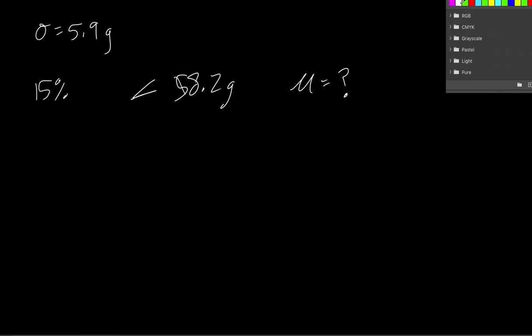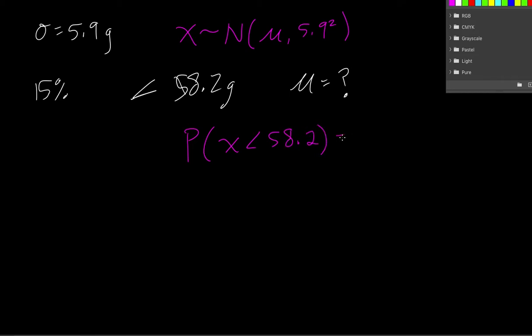Alright, so what we're going to do is take what we learned in the previous video. We're given that we have a normal distribution, we don't know the mean, but we do know our standard deviation is 5.9. And then we know our probability is when x is less than 58.2, and we know that that is 15%. Now, because we don't know the mean, we have to change this to a z-score.